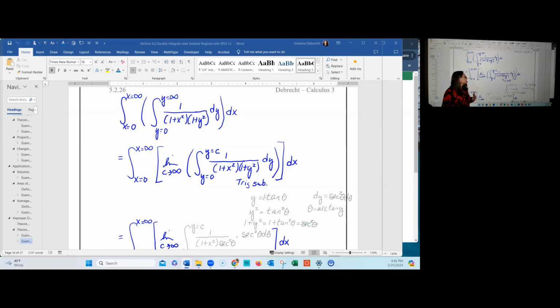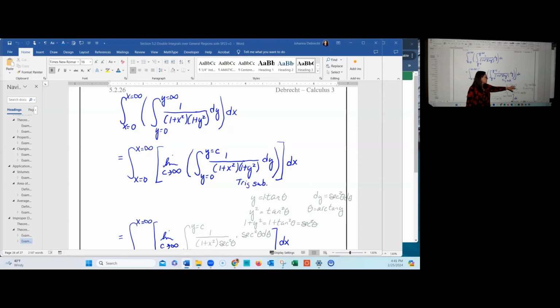If we did it as a double integral instead, we're going to integrate from y equals 0 to infinity on the inside and from 0 to infinity with respect to x on the outside. In order to integrate what's on the inside, remember that the 1 over 1 plus x squared part is just considered a constant. We only pay attention to 1 over 1 plus y squared, which requires trig substitution.